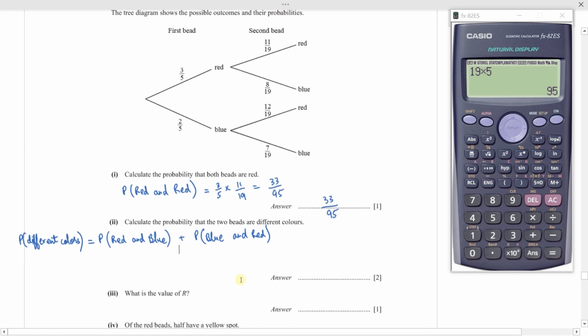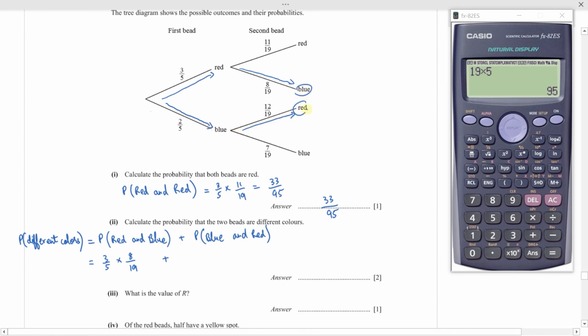So now let's look at this tree diagram again. Probability of red and blue is this. You get red the first time and then you get blue the second time. So this is 3 by 5 multiplied by 8 over 19, plus the probability of blue the first time, which is this here. You get a blue the first time and then red the second time, which is this.